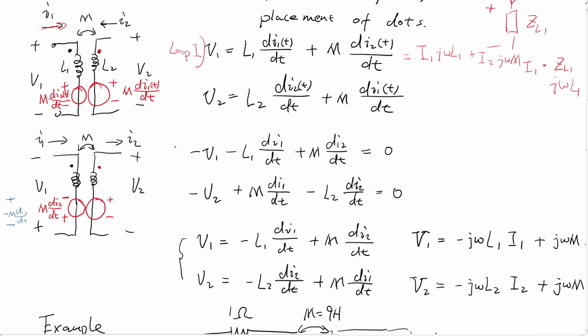Right, let's build these two loop voltage equations. Following the current, the current first goes down through this one.